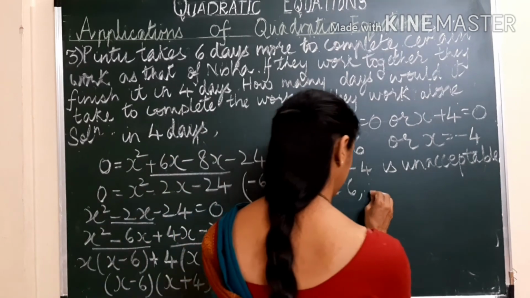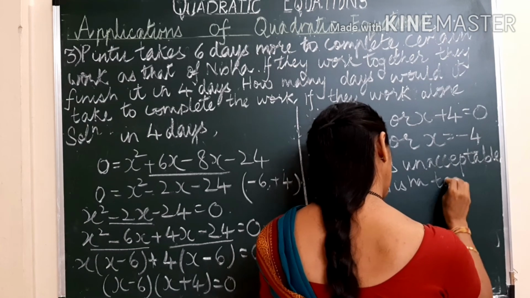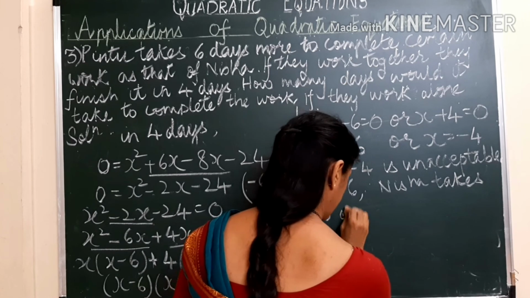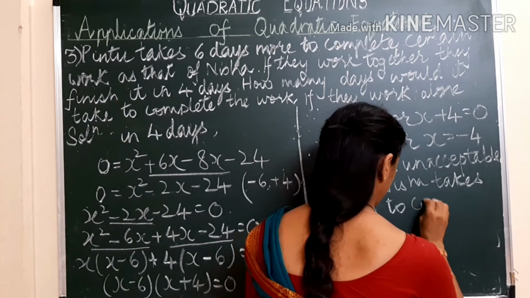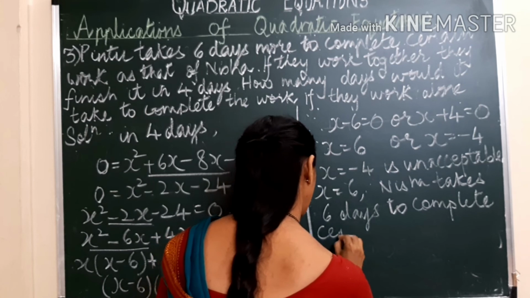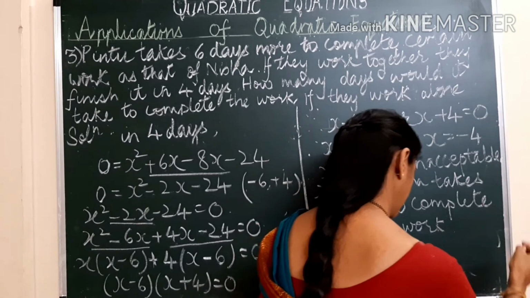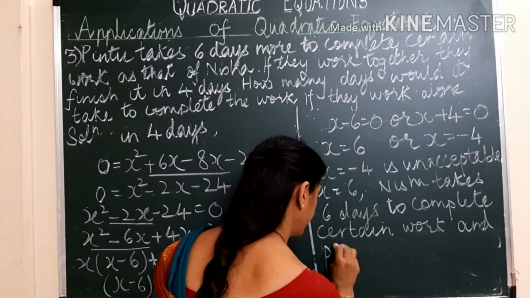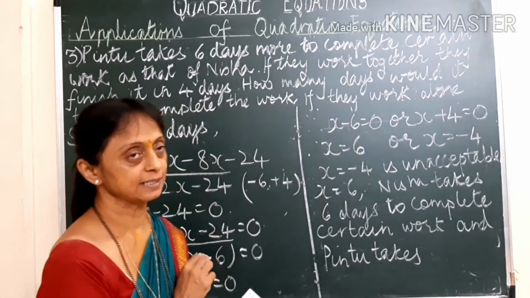Therefore, Nisha takes 6 days to complete certain work and Pintu takes x plus 6.